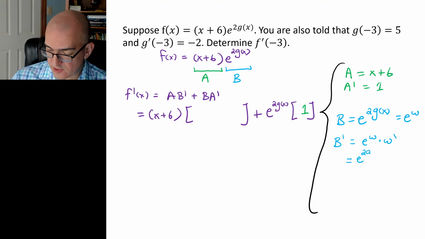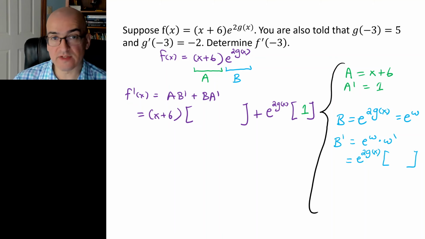2g of x. Now what's the derivative of 2 times g of x? Well, it's just 2 times g prime. Think about your implicit differentiation. What's the derivative of 2y? 2y prime. What's the derivative of 2g? 2g prime. What's the derivative of 2x? Not 2x prime. Well, it is. It's just 2. And that's because the derivative of x with respect to x is 1.